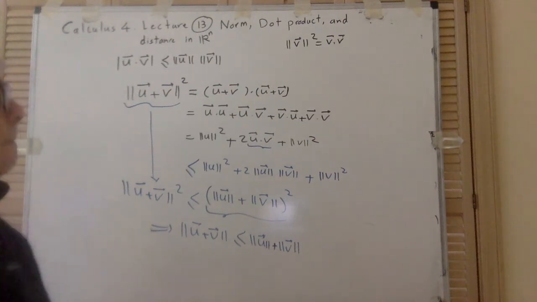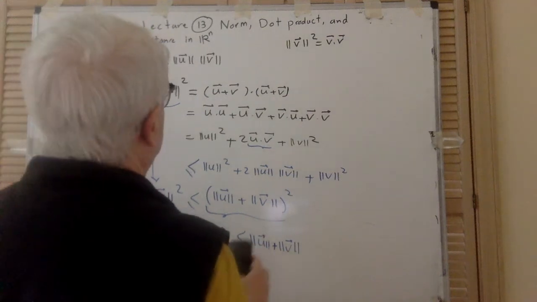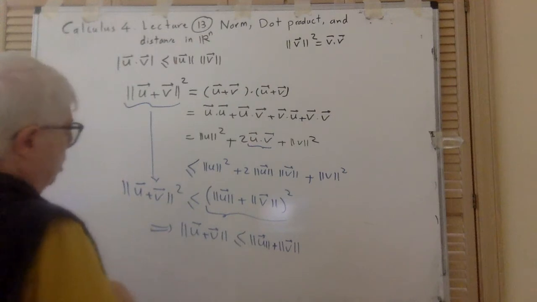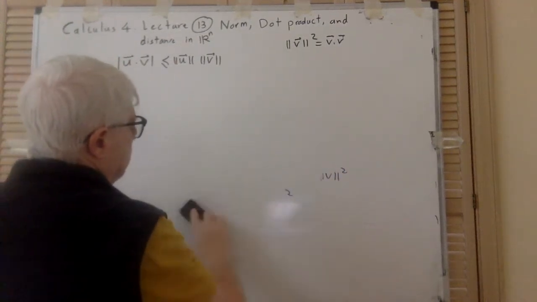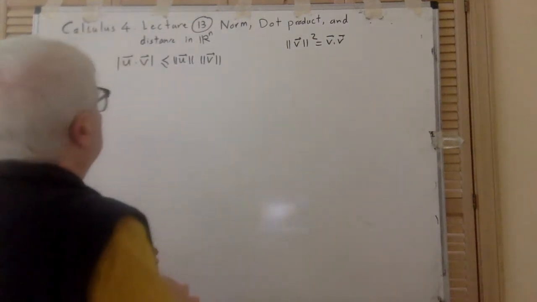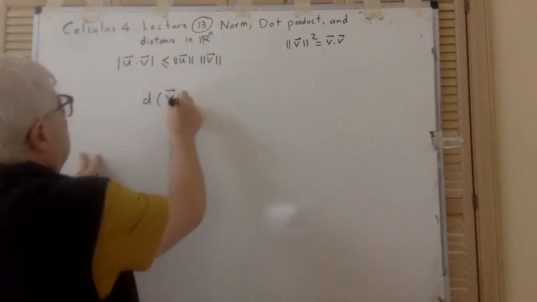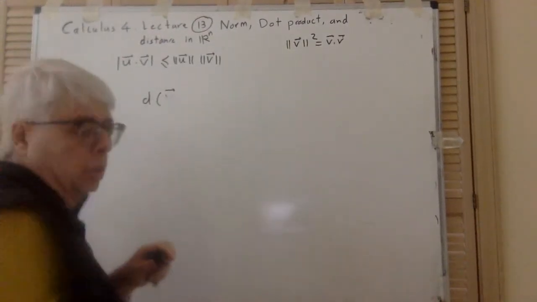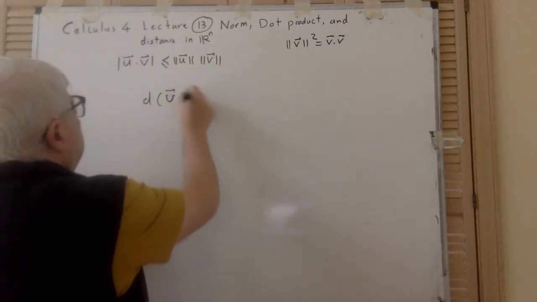Now, what is the other one? The other one was about distance. So let me erase this thing. The other one is the distance between u and v.